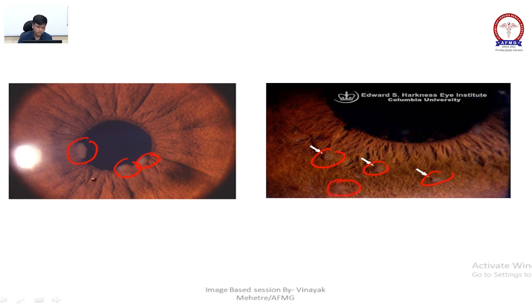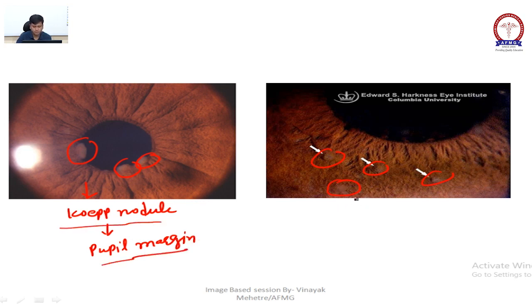This is called Koeppe nodule, seen on the pupillary margin. Seen on the pupil margin, and these are Busacca nodules, seen on the base of the iris.